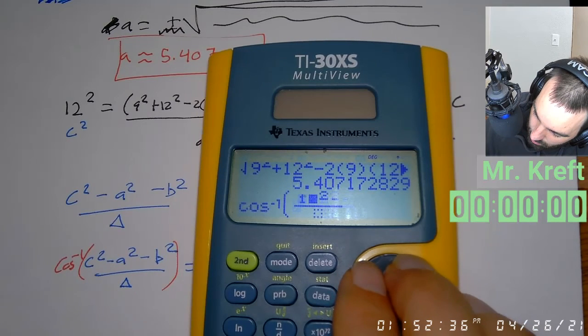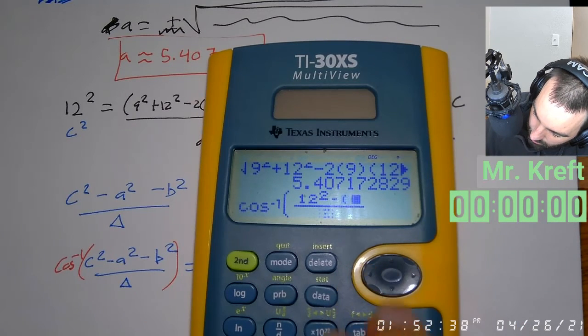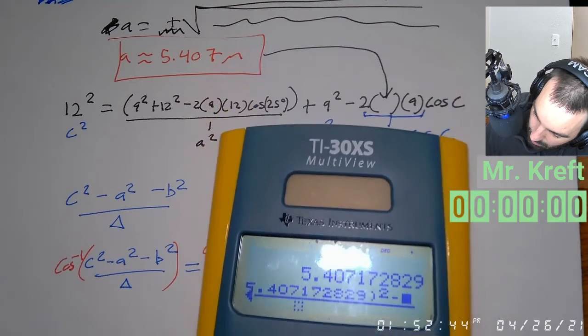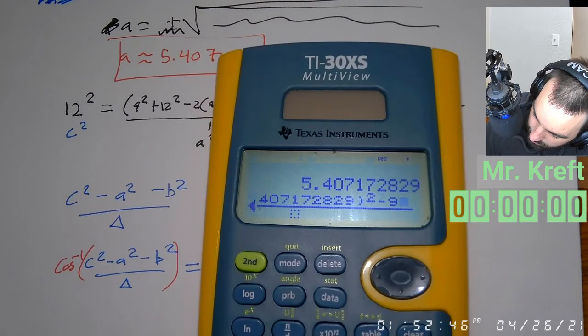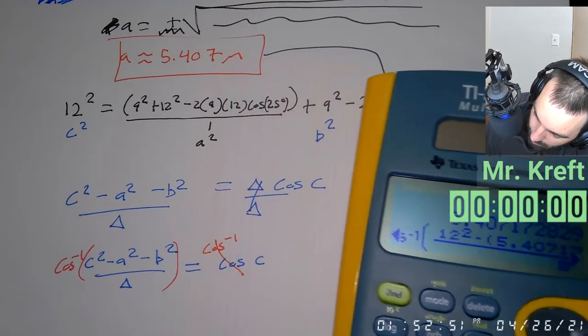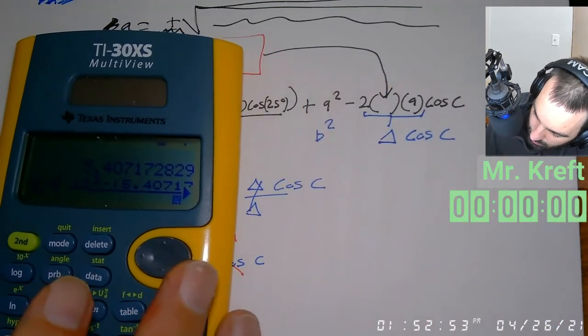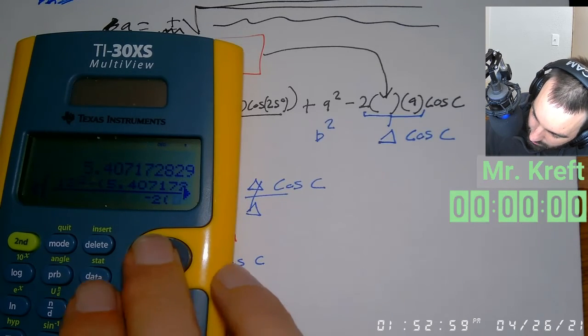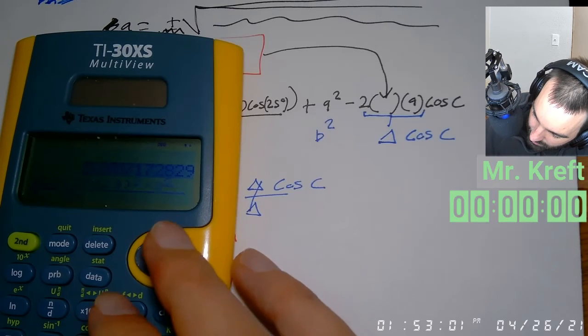So here, I'm going to do a in parentheses squared and then minus b squared. B squared is 9. And then on the bottom, I'm going to have triangle. So triangle was -2. Don't forget the negative, right? And then a.